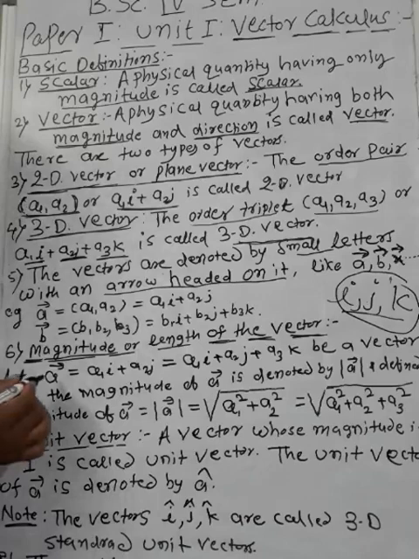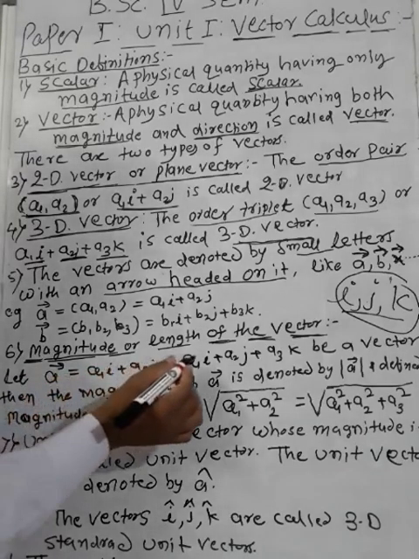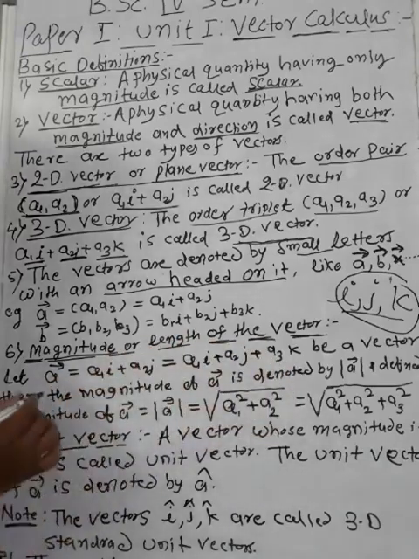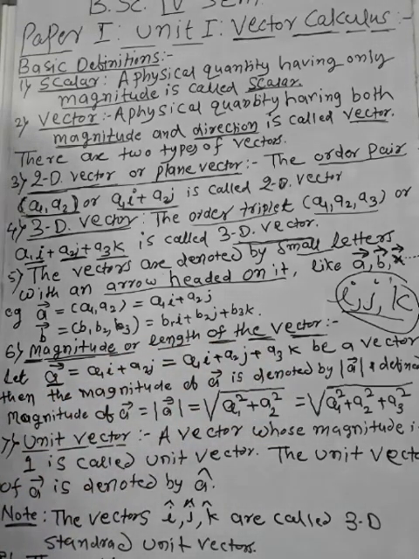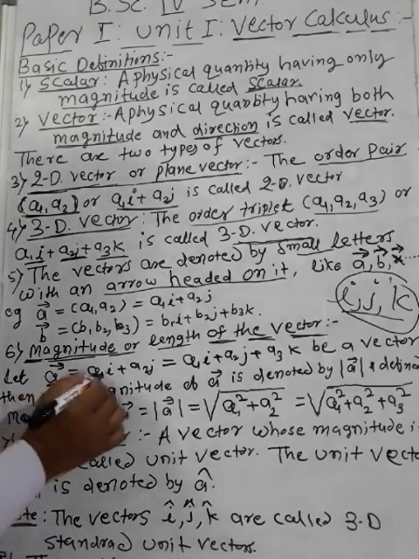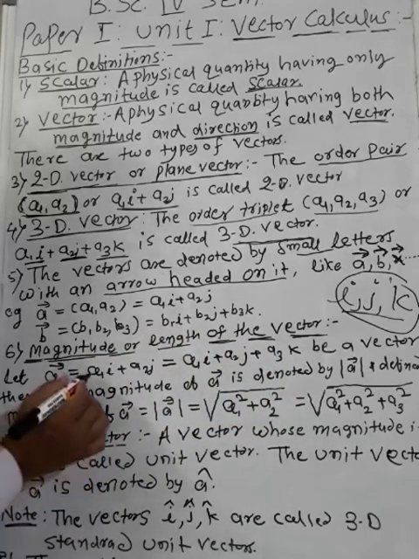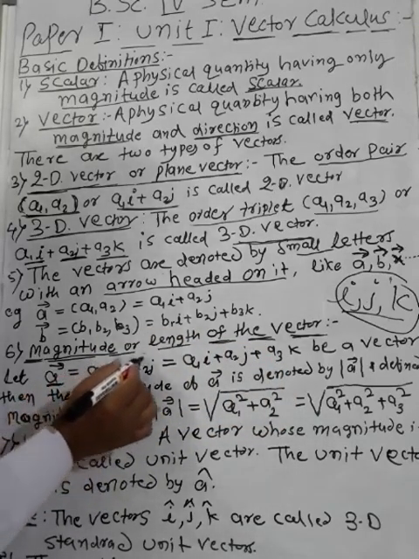Firstly, suppose that a is a vector, which may be two-dimensional or three-dimensional. Now here we have the vector a1i plus a2j.